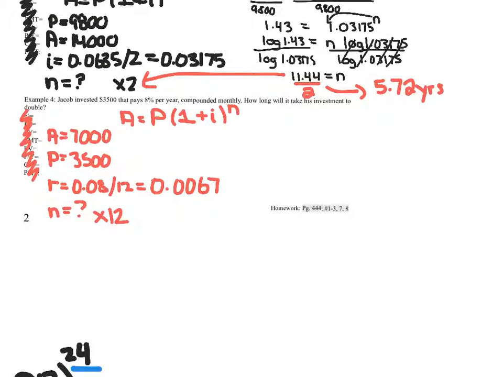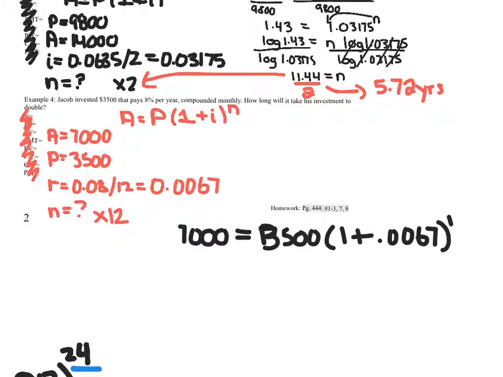So I'm just going to solve just below here. We would go $7,000 equals $3,500 times 1 plus 0.0067 to the exponent of n.